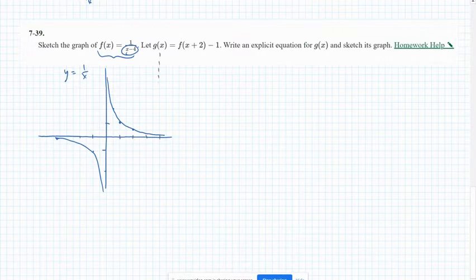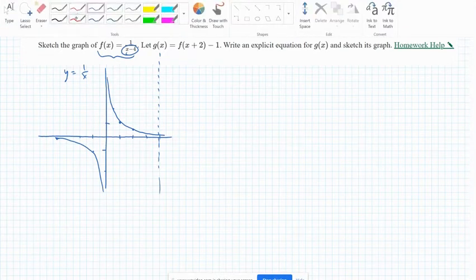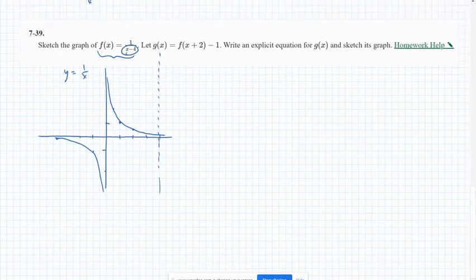So that would be the same graph with the vertical asymptote here. It's not shifted up or down, so the horizontal asymptote is still in the same place. And so our graph is going to look like this and this. So that's f of x.